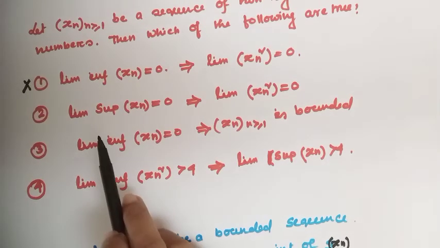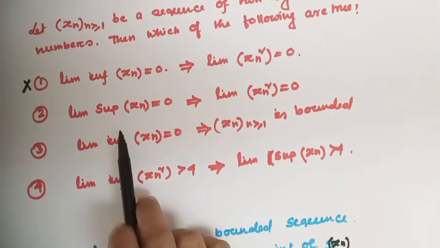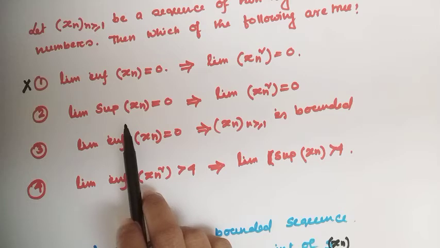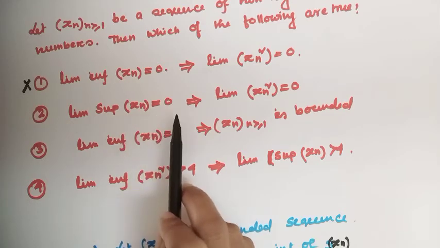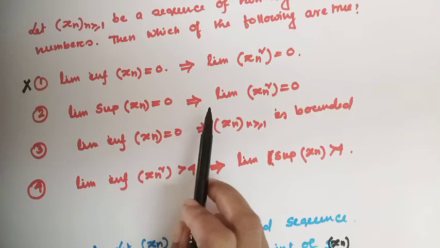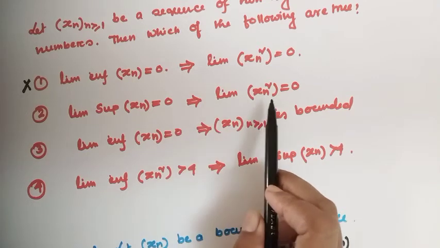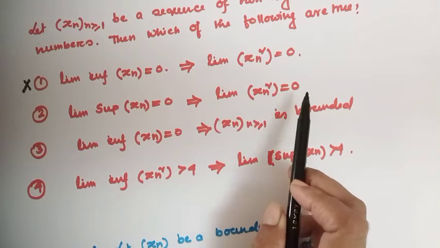Now, let's come back to option 2. What is option 2? Limit supremum of xn equal to 0 implies limit xn square equal to 0.